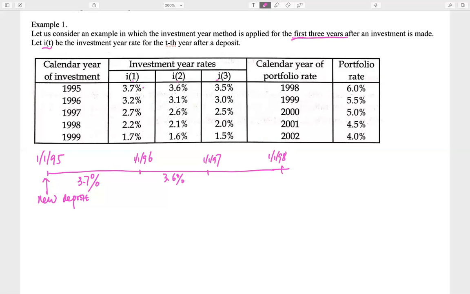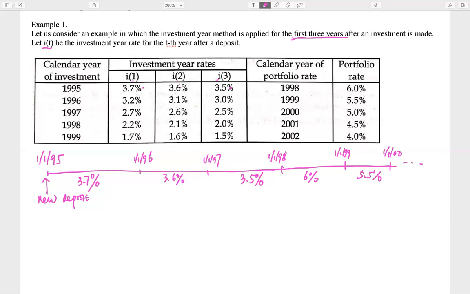For 1997, the interest rate reduced to 3.5%. Then you may wonder what's after. With the investment year method, for the first 3 years, the deposit gets the new money rate. After that, it would simply be the average. It would be 6% for 1998, and for 1999, it would be 5.5%.